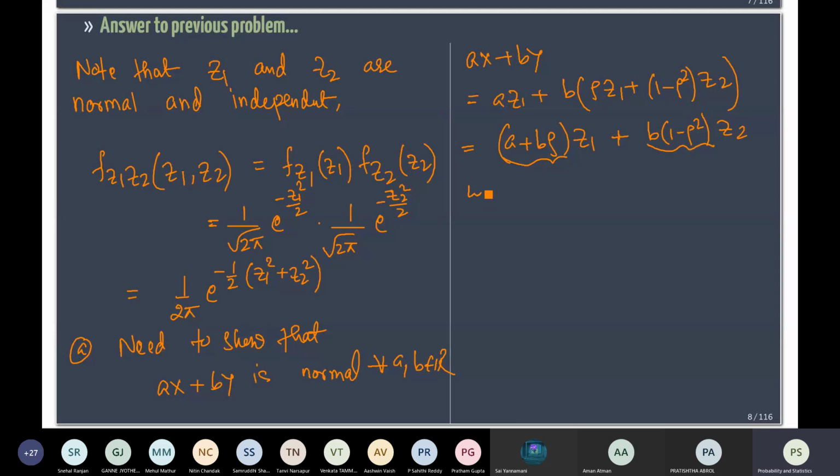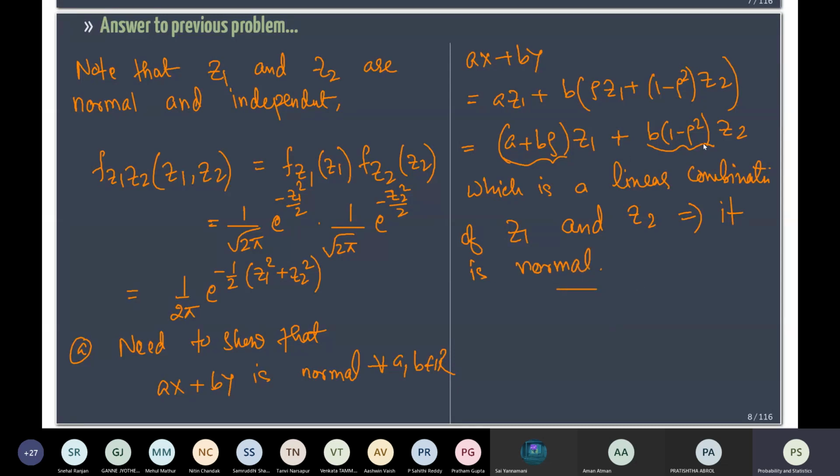So it is a linear combination of Z1 and Z2. This implies that it is normal.